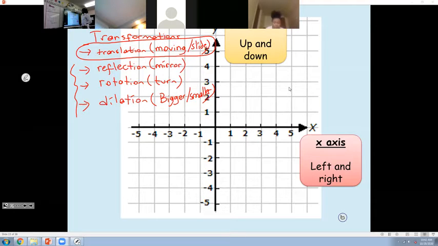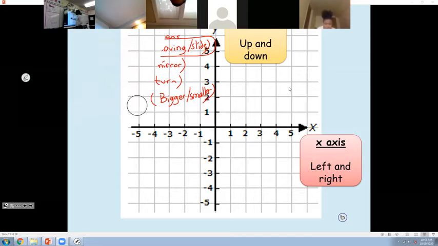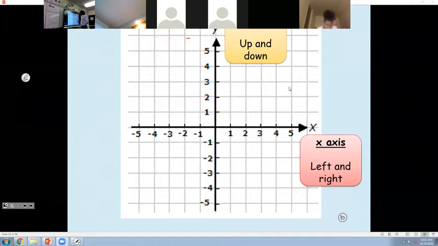So these are pretty much easy, I can say. But the easiest one is translation. We will talk about this one today. And now, let's get started very quick. We will use the x-axis and y-axis. What we can do on the x-axis is go to the right or to the left.